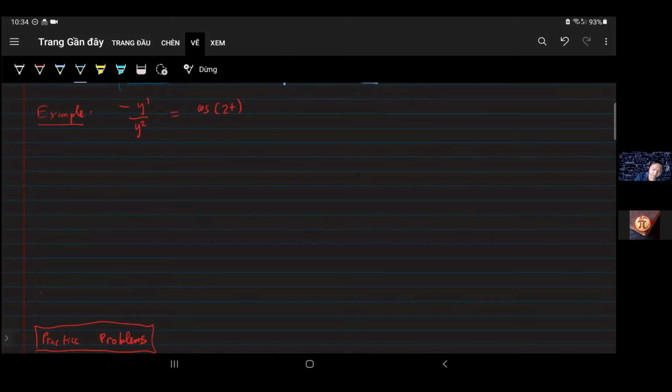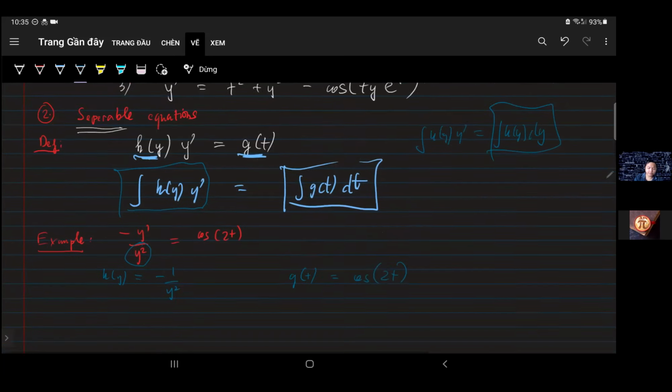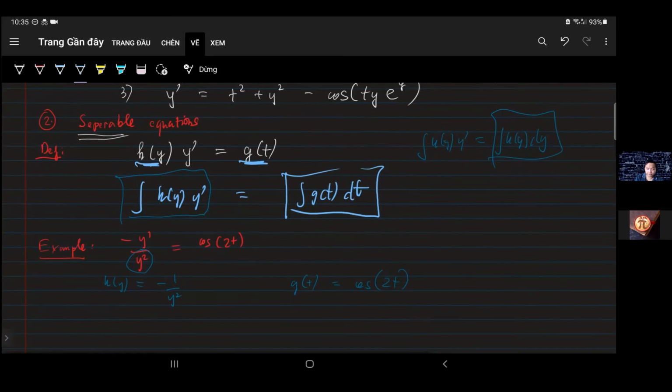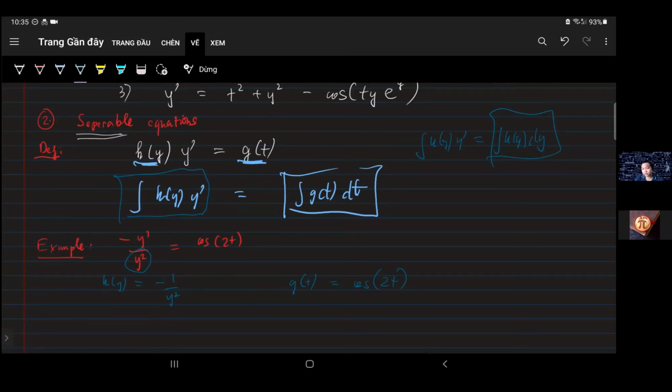Why? Because I can separate this part, right? The function h of y here is just negative 1 over y squared, and the function g of t here is just cosine of 2t. So that is separable, because it satisfies the formal definition for separable equations.